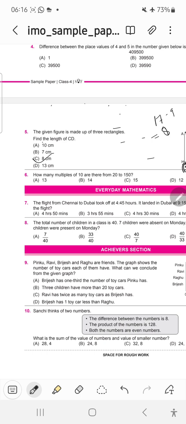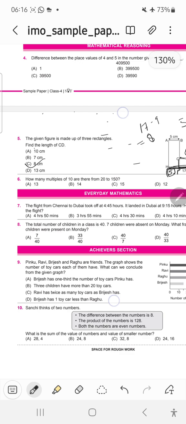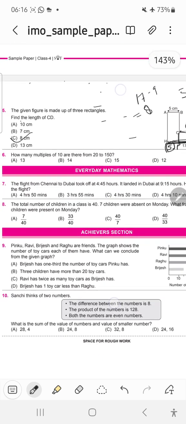How many multiples of 10 are there from 20 to 150? 20 to 150, it means what? We have the numbers 20 to 150. 20 is a multiple of 10. Then after 20 you get 30.